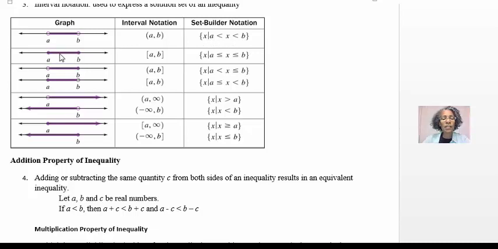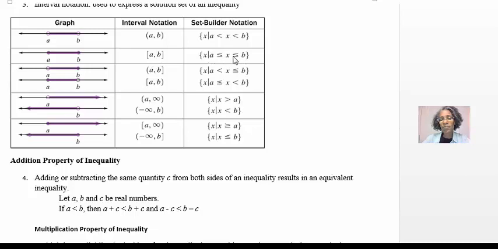Now the next set is not only all the numbers between A and B, but this set includes A and B. So notice instead of open circles on the number line graph, we have solid circles. When we write interval notation for all the numbers between A and B, including A and B, we use square brackets to show that these endpoints A and B are included.